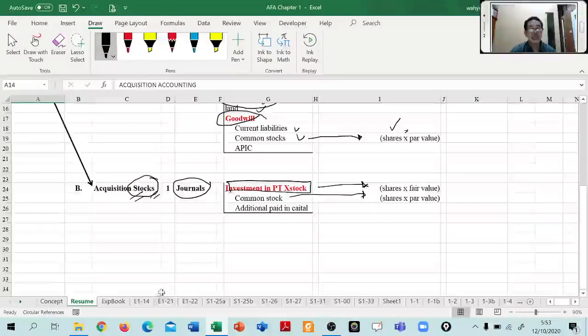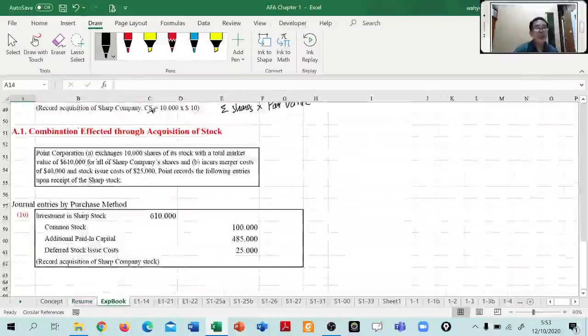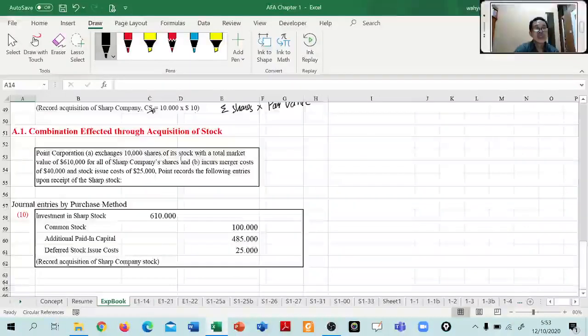Back to this question, Point Corporation exchanges shares of stock with a total market value for all shares of Sharp. This is the point of this question. Because this is an acquisition of stock, we just make a journal entry, and don't forget to write the account investment in sub stock.